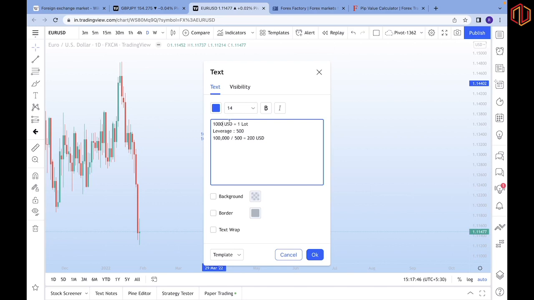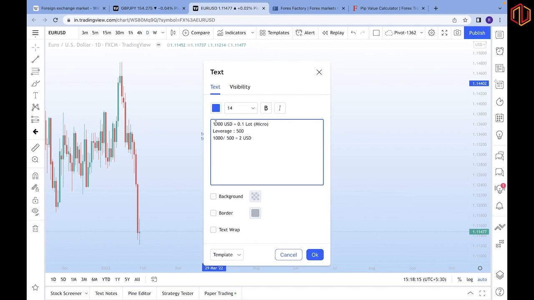Now what we are trying to do is calculate how much margin will be required to take this trade, basically to buy 1000 USD with a leverage of 500. So you just do 1000 divided by 500, which is 2. So with $2 in your account you can buy currency worth 1000 US dollars.